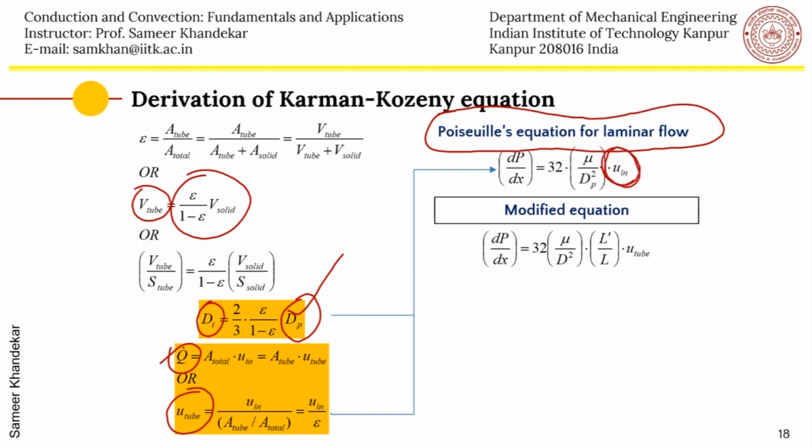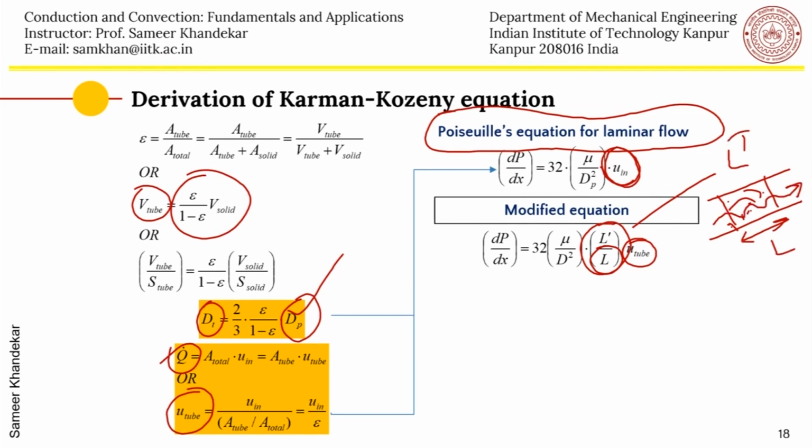So in this way, the Karman-Kozeny framework gives you the relationship between the standard velocity profile and an equivalent model of the porous media, and if you compare these two equations, you will see that the permeability is given by 72 into (1 minus epsilon) square divided by epsilon cube into L dash upon L into dp square.